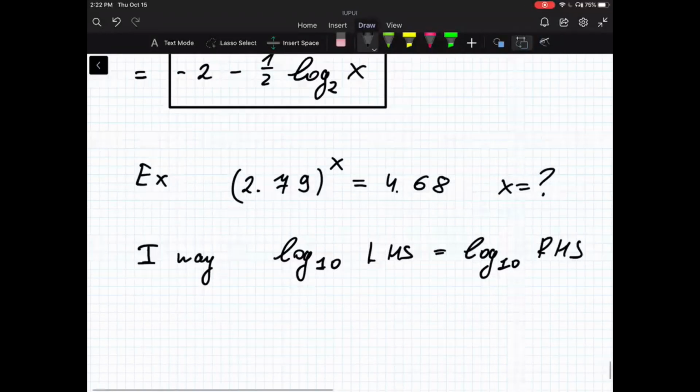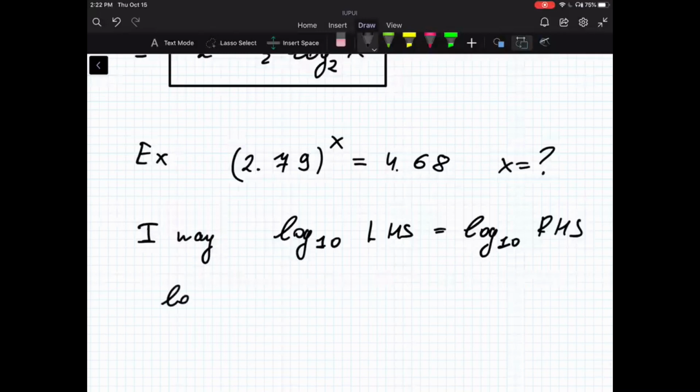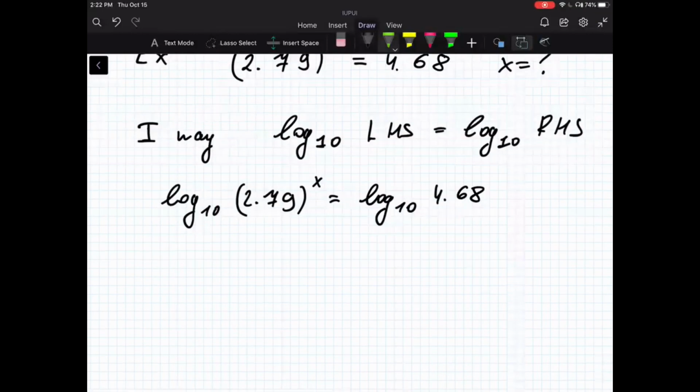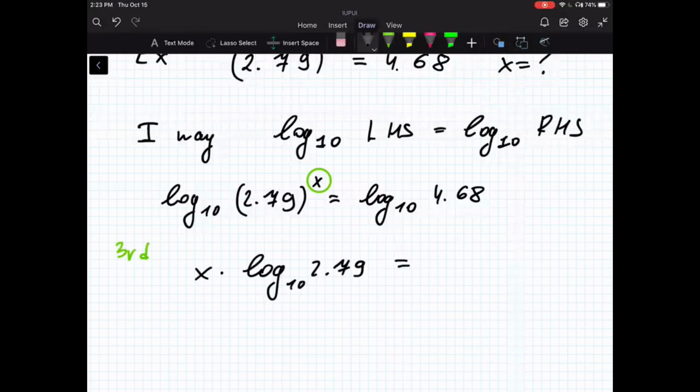And then what we will have? We will have that a logarithm with base 10 of the left-hand side, which is 279 to the power x, is equal to logarithm with base 10 of 468. And thus, using the third property, I can put x, because it's a power, in front of the log, and get that x times logarithm of 279 with base 10 is equal to logarithm of 468 with base 10.